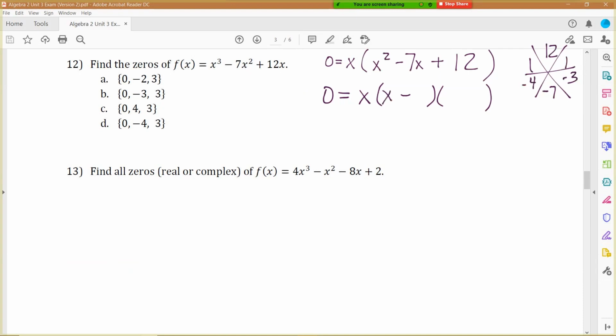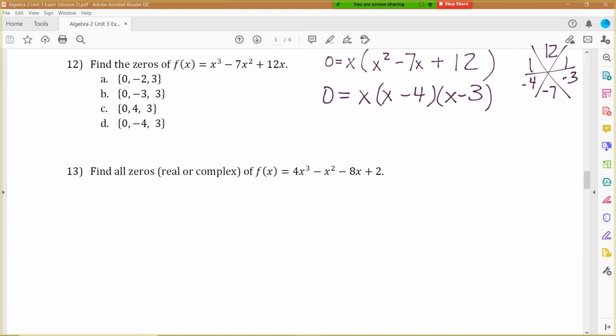So you should get factors x minus 4, x minus 3, because negative 4 times negative 3 is 12, and those add to give you negative 7. Okay, so I did negative 3 and negative 4. That's fine. You're going to get the same answers. You just have them in a different order.